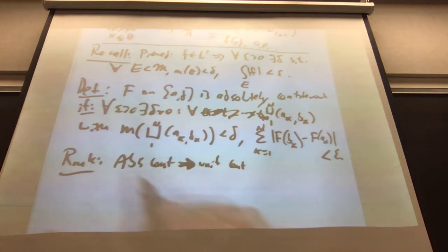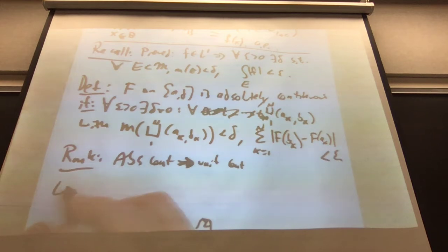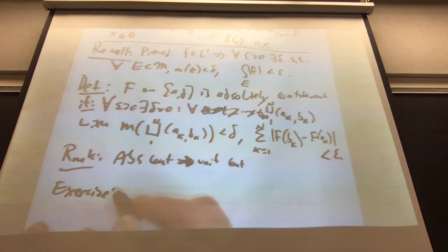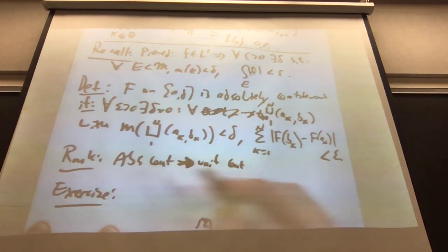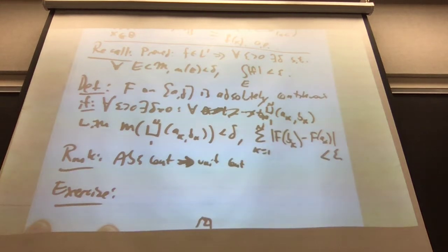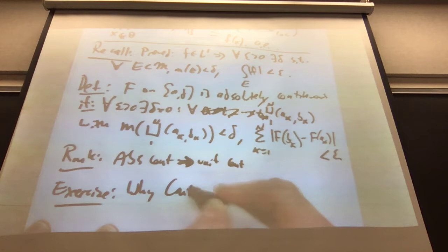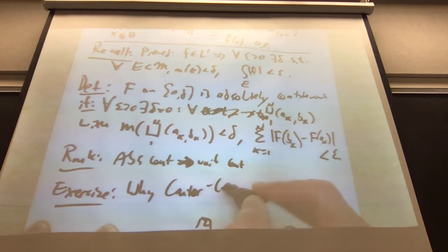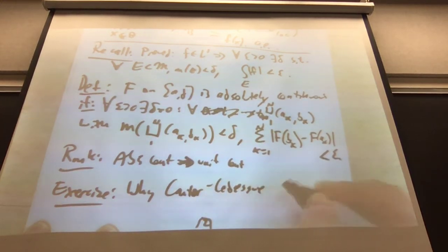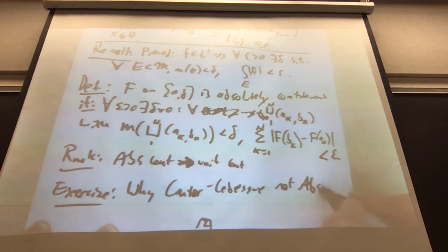Okay, so a good exercise is to think about why, not just that the conclusion would fail, but why Cantor-Lebesgue is not absolutely continuous, just from the definition.